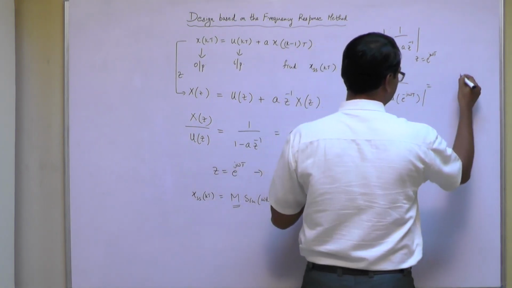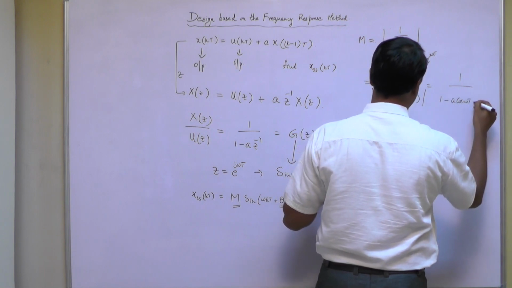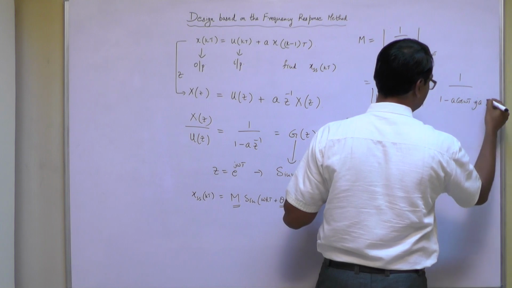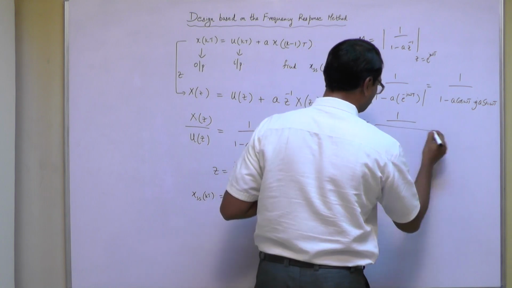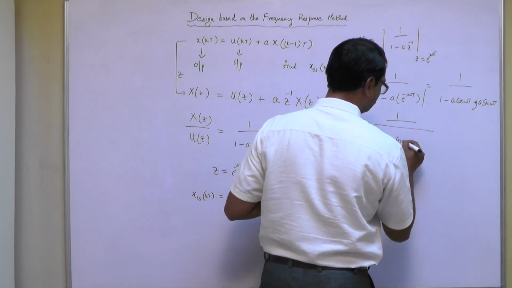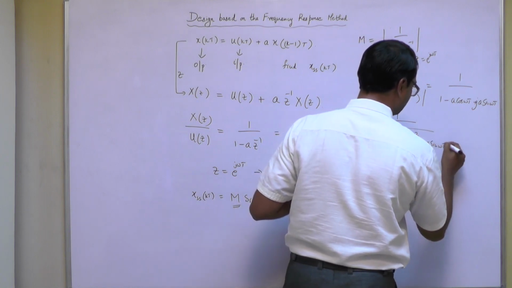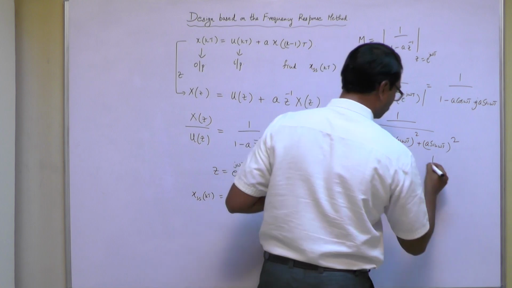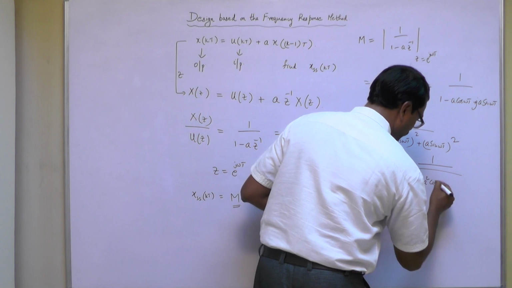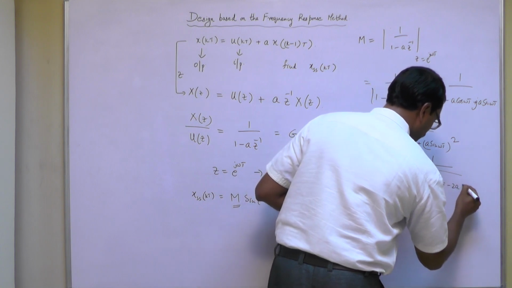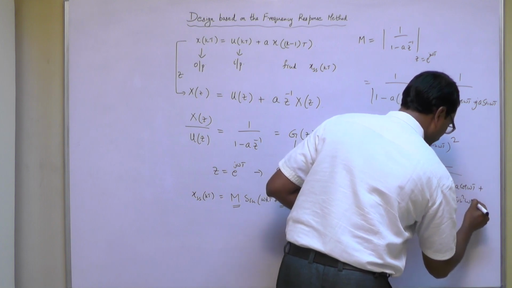So the modulus of this is 1 by 1 minus a cos omega t plus j a sin omega t, or we can have this as 1 by root over 1 minus a cos omega t whole square plus a sin omega t whole square, or 1 by root over 1 plus a square cos square omega t minus 2a cos omega t plus a square sin square omega t.